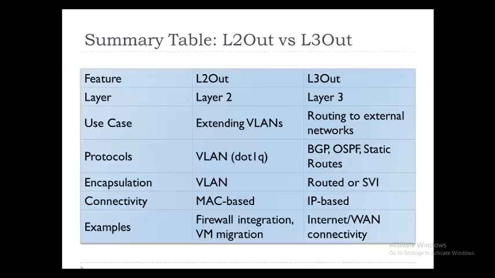So the BGP which is within the ACI is also now extended down to the traditional switch. So you can say the border of ACI is not on the leaf, it is on the outside, because the extension is done to layer 2 and layer 3. That is how you have to see this.